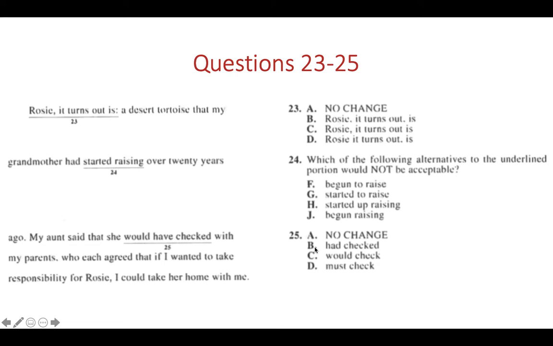My aunt said that she had checked with my parents, who agreed. Yes, it's past tense. She had checked with them. This is what they said. That she would check. No, it's not future tense. She already did it. See, past tense here. She's already checked. They've already agreed. And she must check. That's future tense. Sorry, would check. My aunt said that she would check. Yeah, that must check. Same thing. She already did it. It needs to be in past tense.